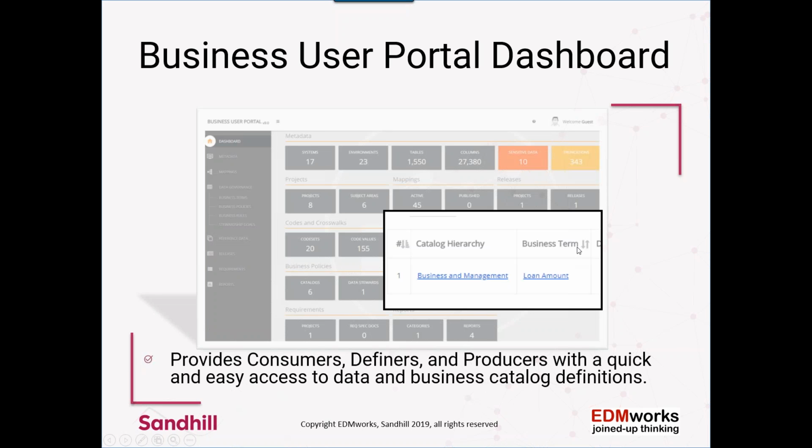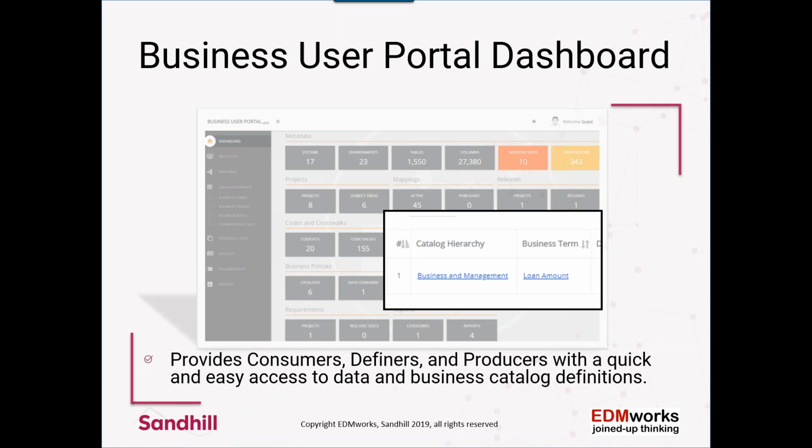And those business terms are going to be a linking point where we can look at the business term, which is something the business user community can understand, and use that as an entry point to look at the more technical content.